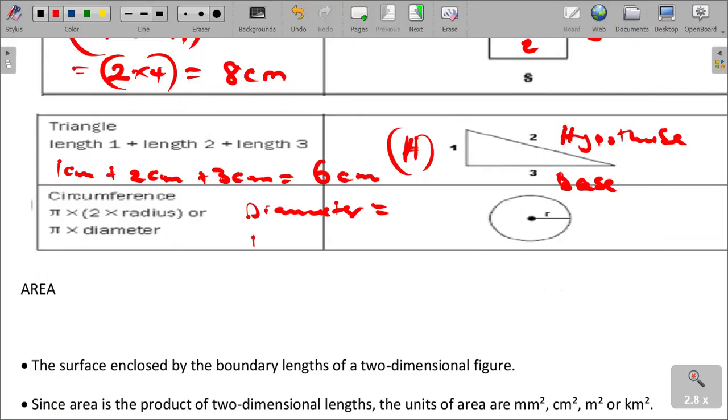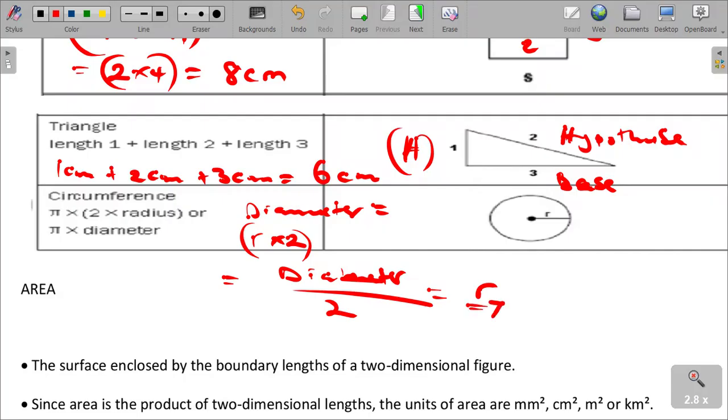The radius of a circle is half of the diameter, so we can agree that diameter d divided by 2 is equal to r.